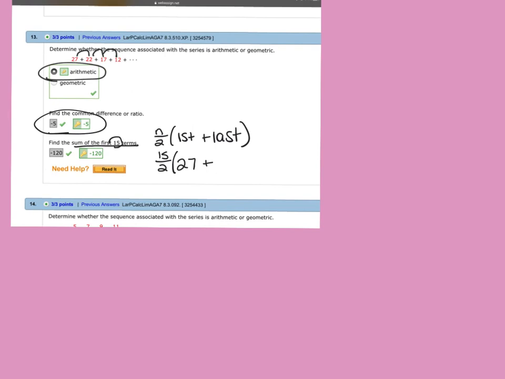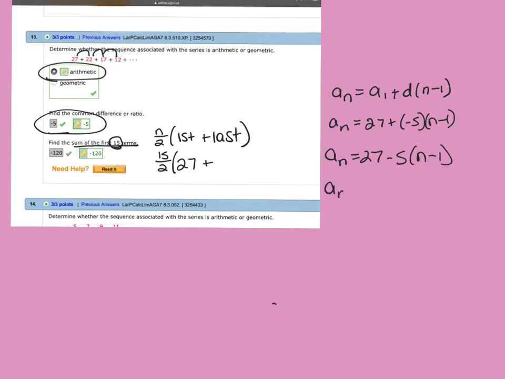So because it's the 15th term, I can find it using a sub n. So a sub n would be a1 plus d times n minus 1 if it's arithmetic. So a sub n would be 27 plus d, which is actually -5, times n minus 1, or a sub n equals 27 minus 5 times n minus 1.